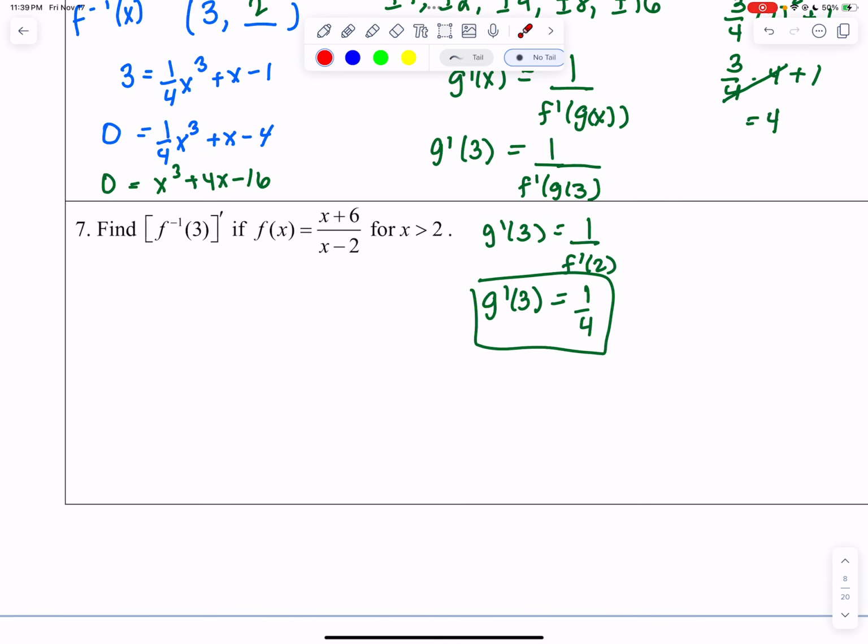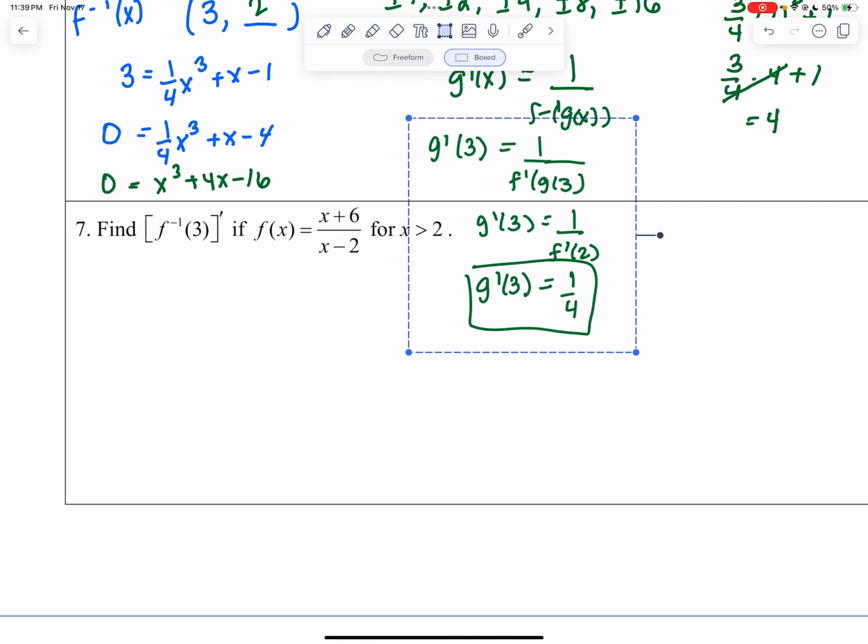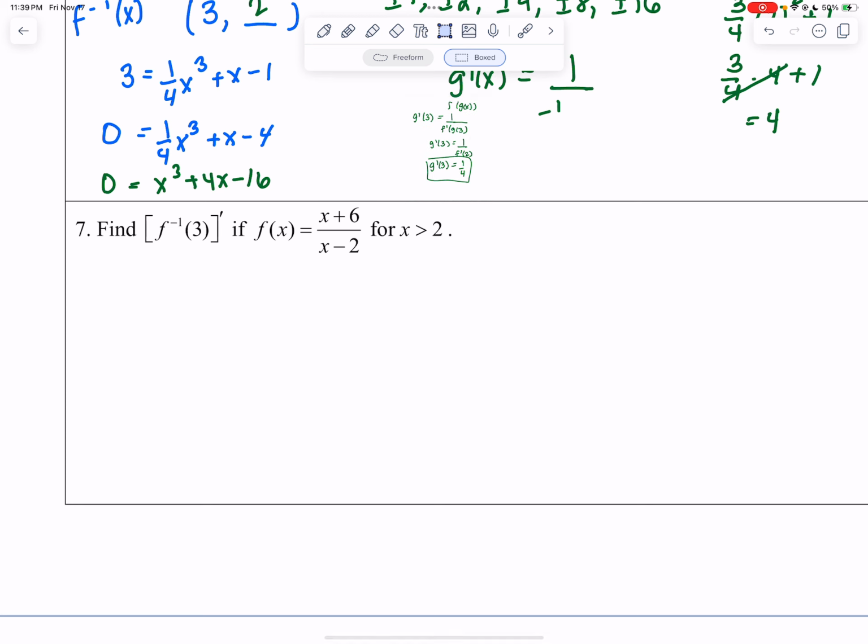All right, for number 7, I want to find the inverse derivative of f at 3. So once again, I'm going to create my little info on what I know. So I know that y has to be 3 for f of x. And then for the inverse of f, I know that x is 3.